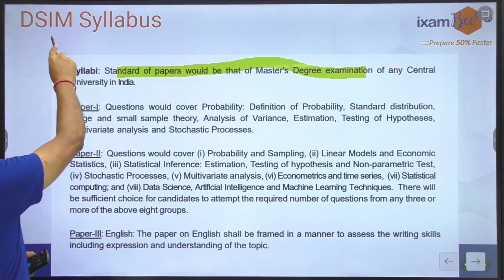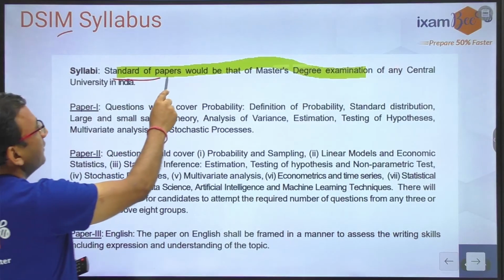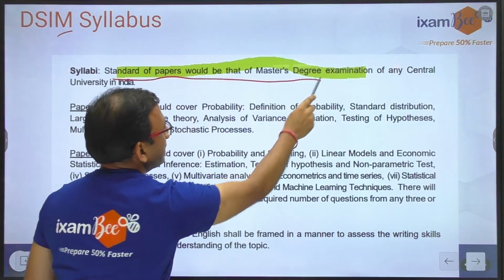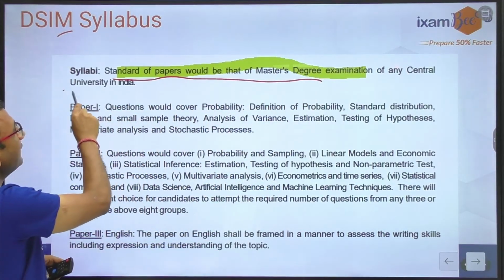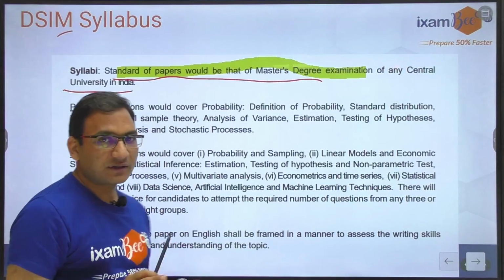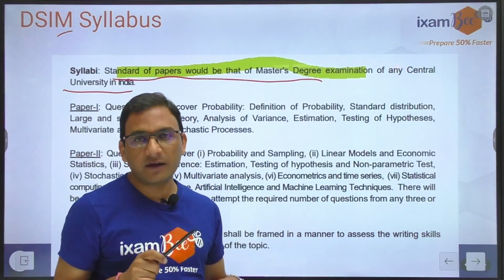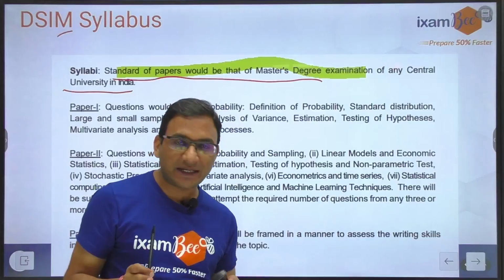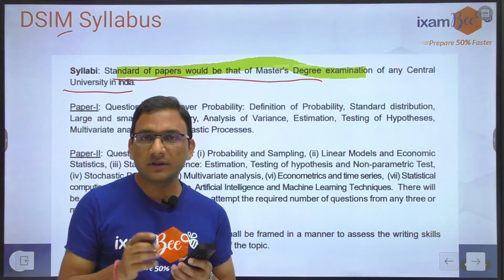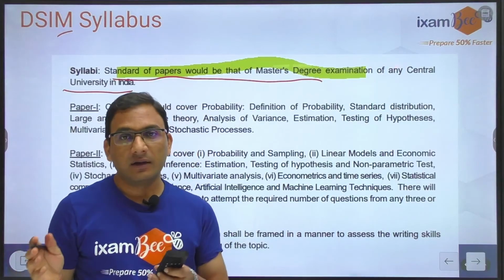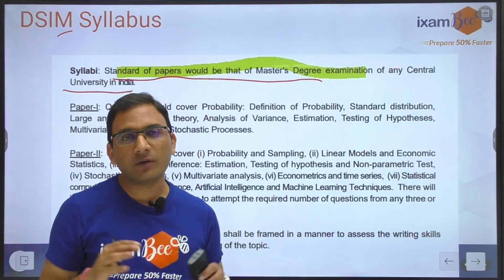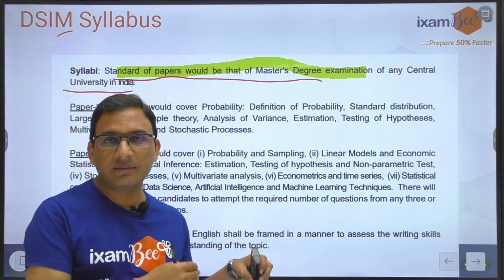When it comes to DSIM, the standard of the paper would be that of the master's degree examination of any central university in India. Read this line carefully, because in the case of DSIM, the syllabus given is very little. Earlier for DEPR also they were not giving the detailed syllabus which they have given now.